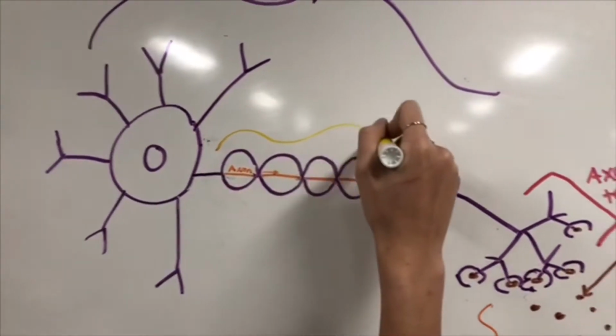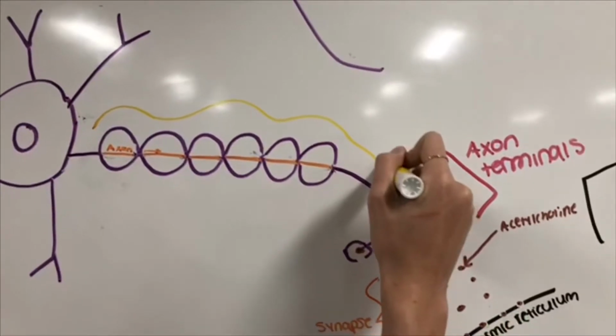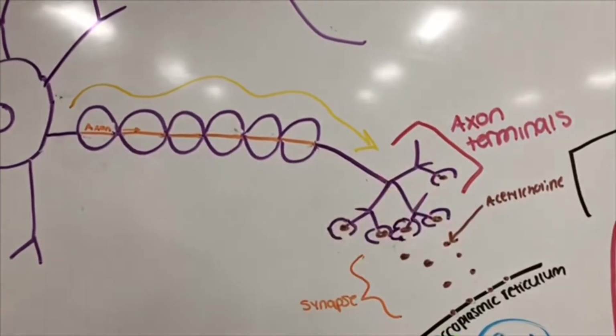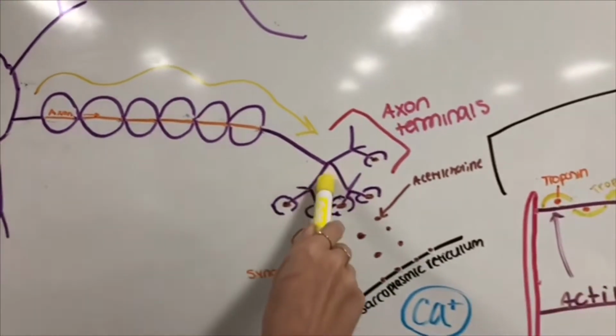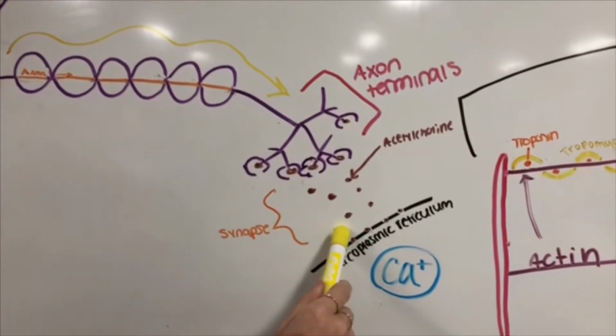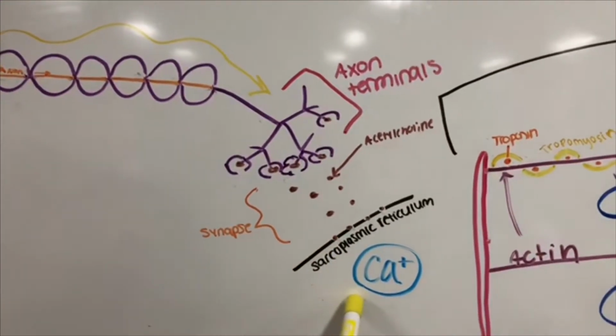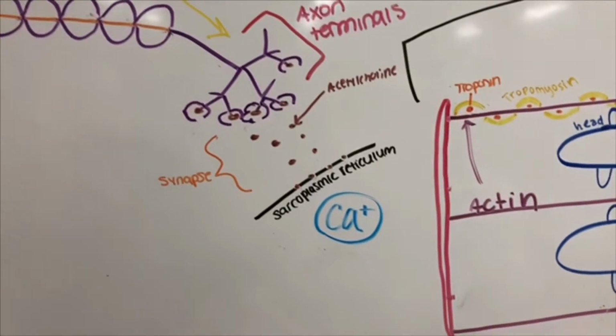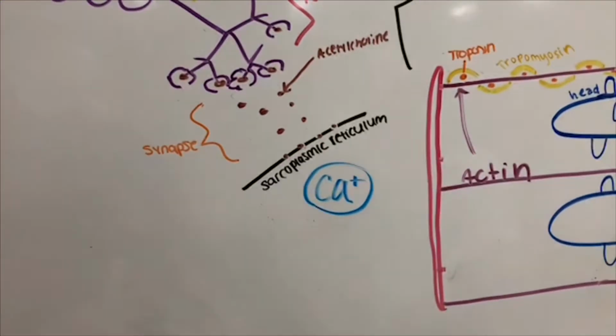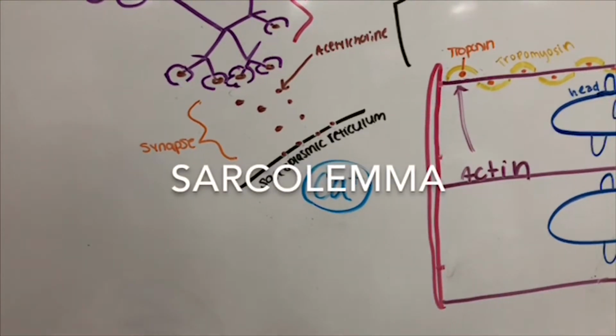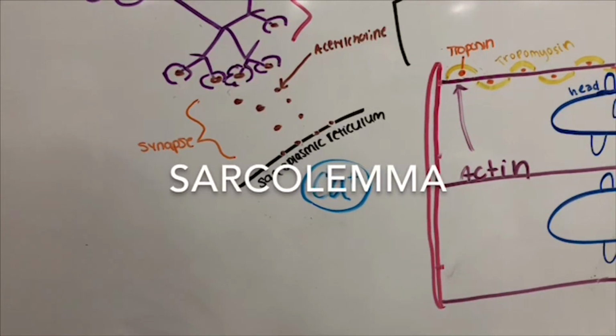And the action potential eventually reaches the axon terminal, and the action potential releases acetylcholine, which is a neurotransmitter. They get released into the synapse, which then attach to the sarcolemma, which consists of the sarcoplasmic reticulum.